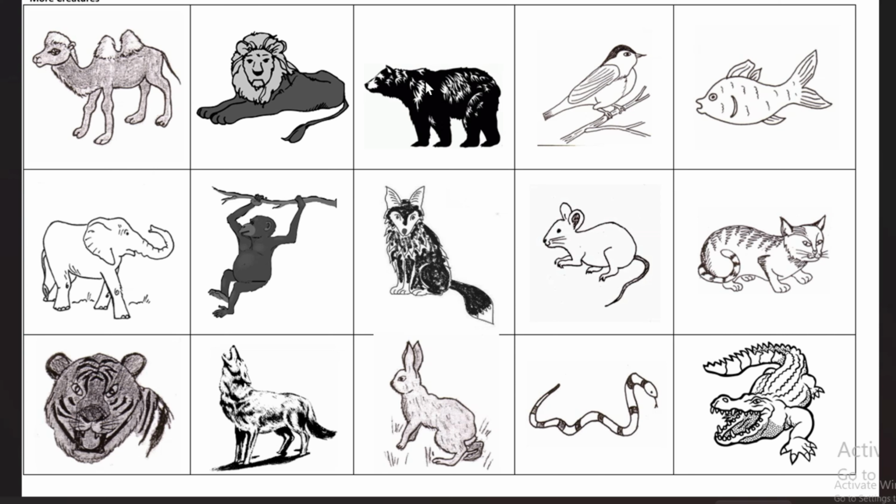If I say this is not a bear, you can say this is not a bear. Now if I say, is this dangerous? Yes, the bear is dangerous. Now about these three animals, I can say these two are meat eaters, and this one is a grass eater, I think.